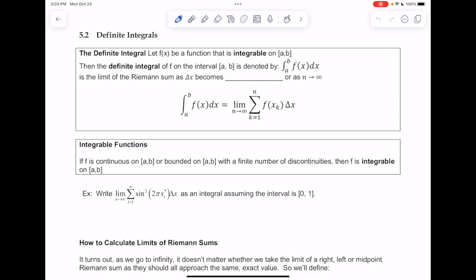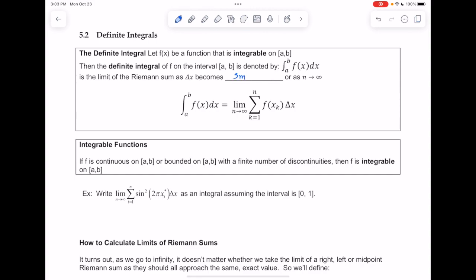So let f of x be a function that is integrable on the closed interval from a to b. Then the definite integral of f on the interval from a to b is denoted by, and we read this as, the integral from a to b of f of x dx. That is the limit of the Riemann sum as delta x becomes small.